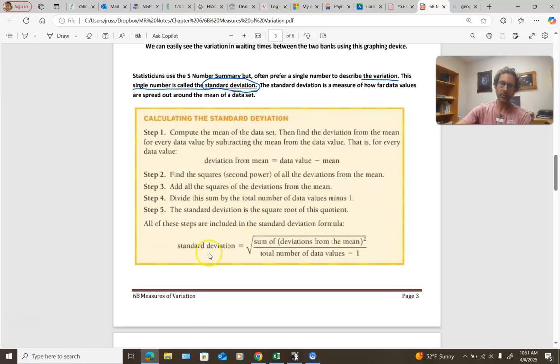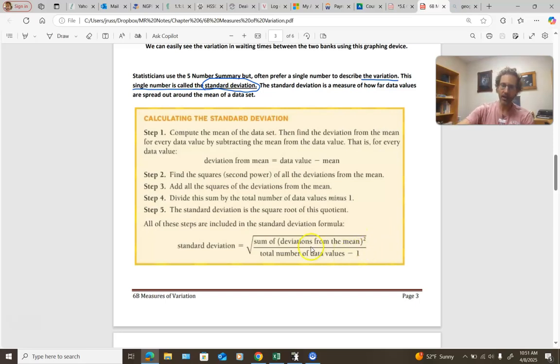What we actually do is something like this, if you look at this formula. We take each of those deviations, we square them. The reason we square them is because if you square a negative number, you get a positive. So all of these squared deviations are going to be positive numbers.